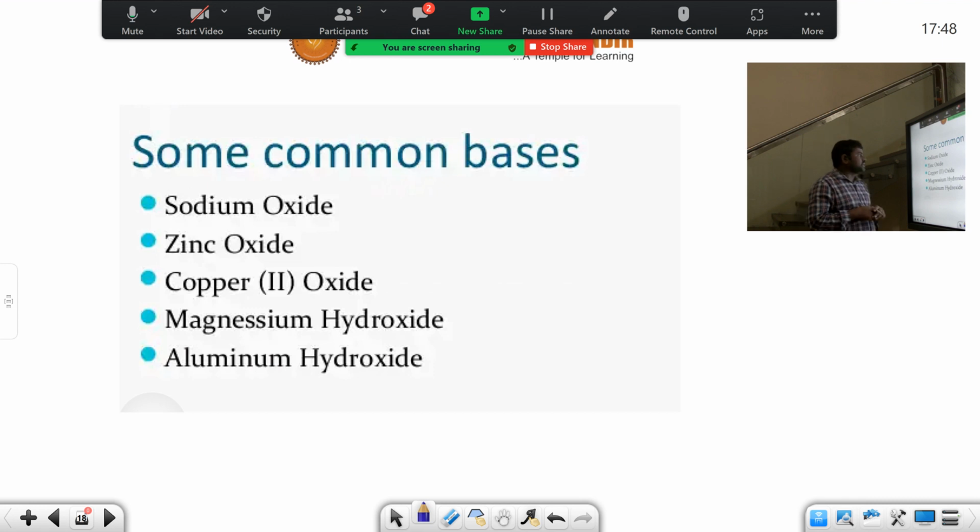Then some common bases: sodium oxide, zinc oxide, copper oxide, magnesium hydroxide, aluminum hydroxide. These are metal oxides. Sodium, zinc, metals. You know very well about metals, I hope. But you should concentrate on at least a minimum of 30 elements. What is their nature? Hydrogen, lithium, sodium, potassium, rubidium, cesium, francium.